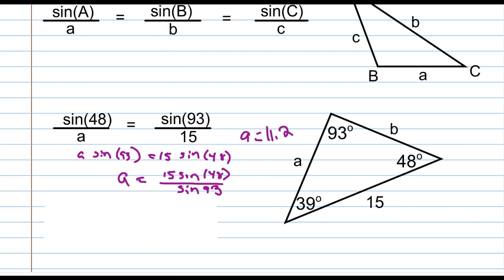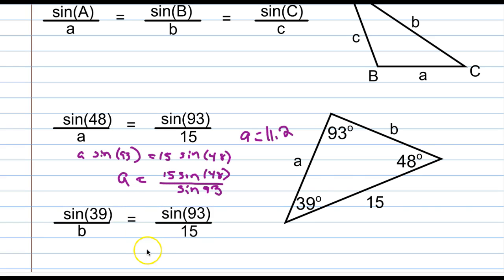Now, for the next one, pretend like we don't know what a is, and set up an equation to solve for b. So hopefully you paused the video and did that, and this is the equation you should have gotten. I can use the same ratio right here, the sine of 93 over 15. That's equivalent, up in the top right hand corner, of saying the sine of c over little c.